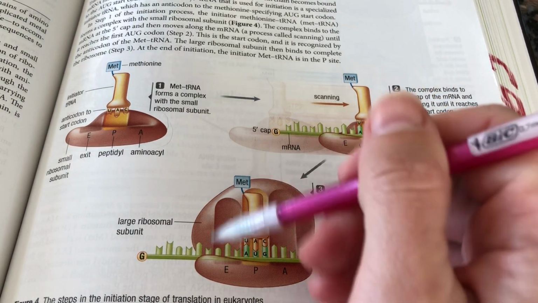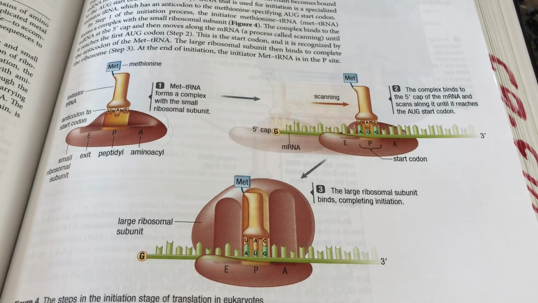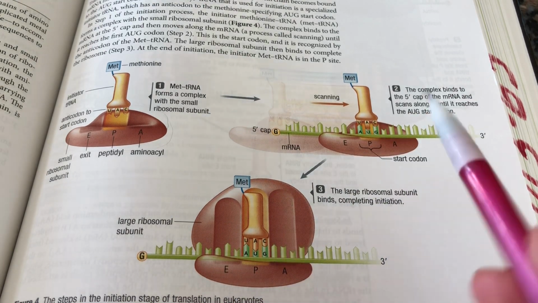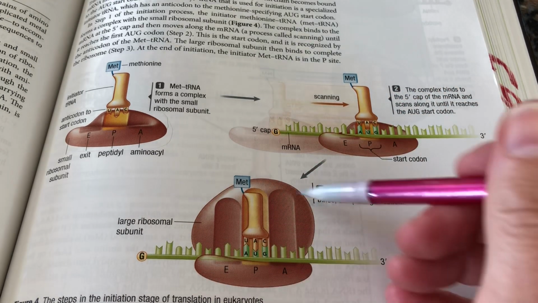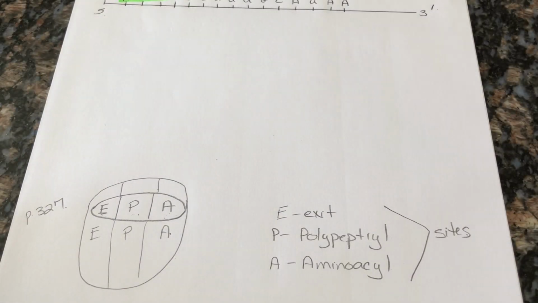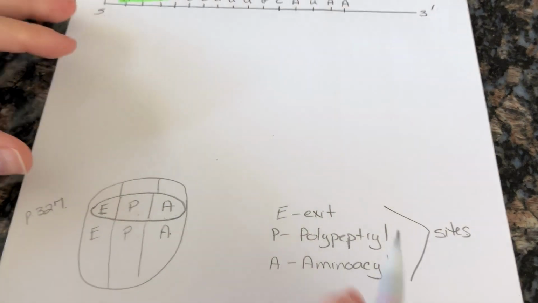So they're showing it up above, okay, which is probably better than the way I've drawn it. Okay, so notice you've got a small unit, a large unit, and together what does this make? This makes a ribosome. We call it rRNA, but it's your ribosome. Ribosomes make proteins. All right? So that's on page 327, a far better diagram than mine.